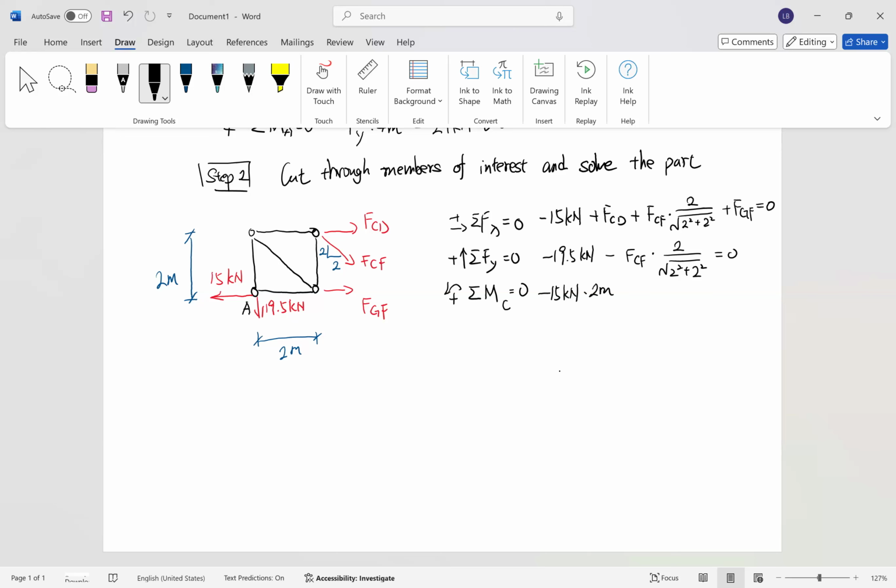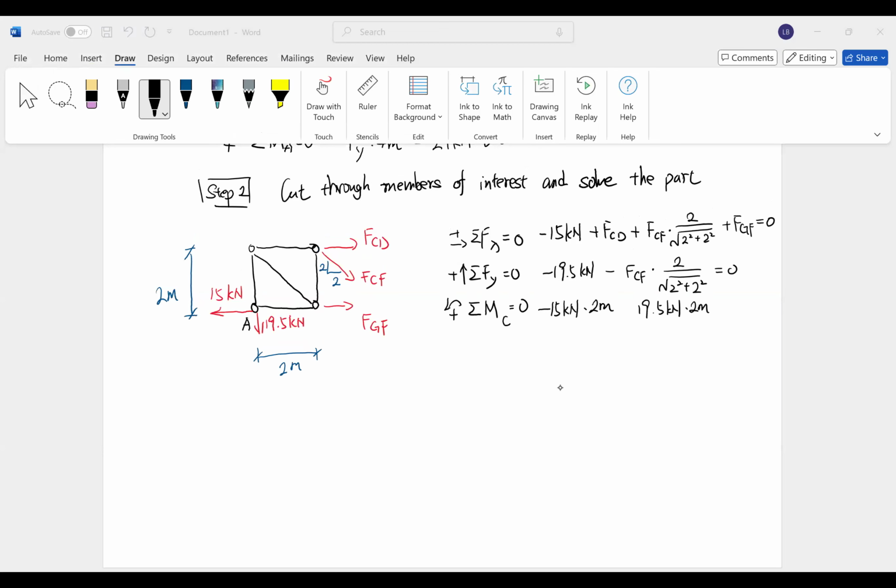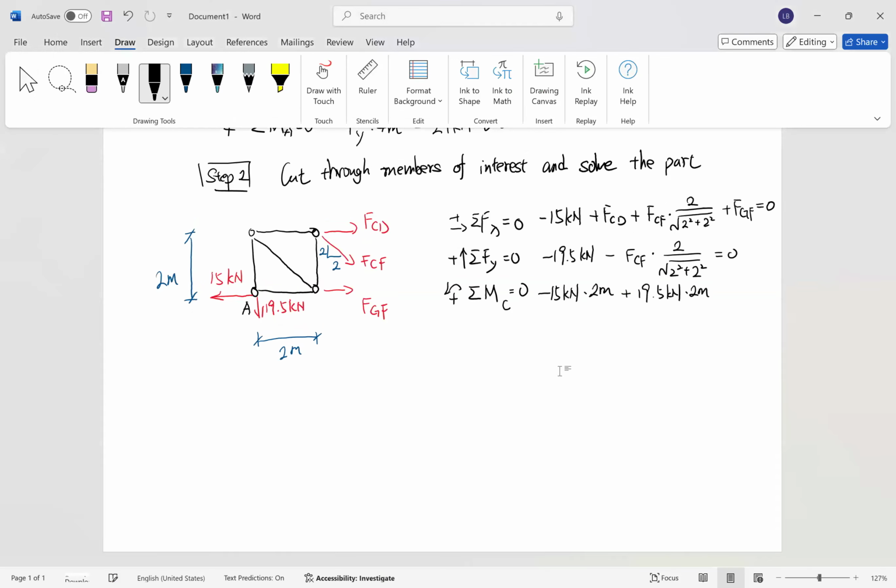Clockwise. And we have 19.5 kilonewton, times the distance from its line of action to point C. Now the distance is also 2 meters. Is it positive or negative here? Now it is positive. It is counterclockwise.